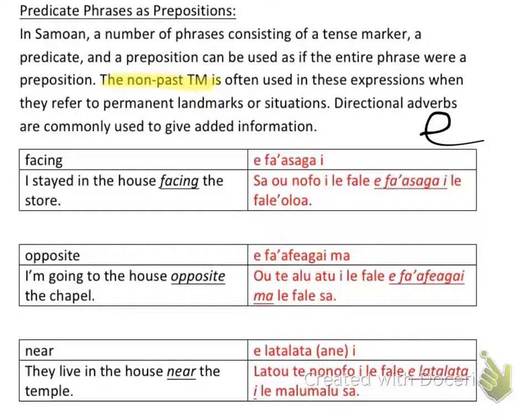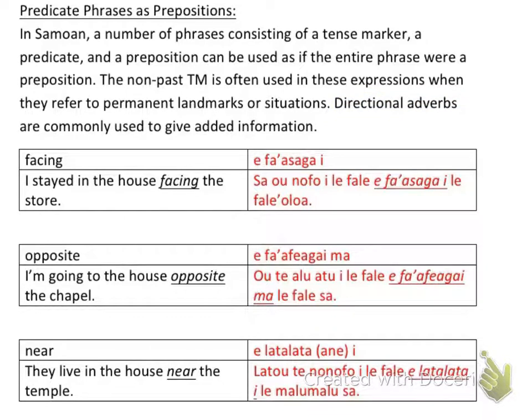So just remember that normally when I use these kinds of prepositions, I start off with an a. Another thing you need to know is that directional adverbs are commonly used to give added information. If I want to tell you additional information on where the action is taking place, I can throw a directional adverb in there right after my verb, okay?